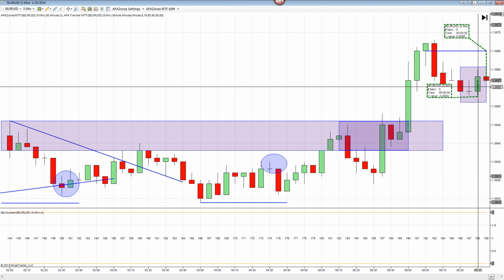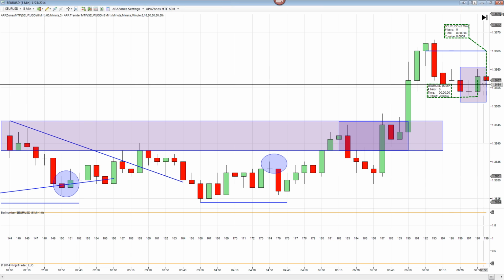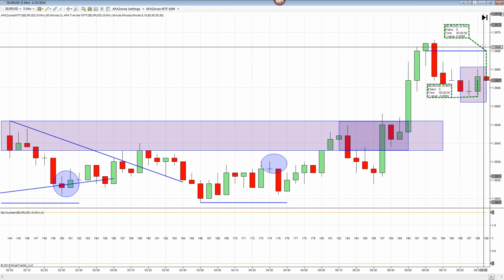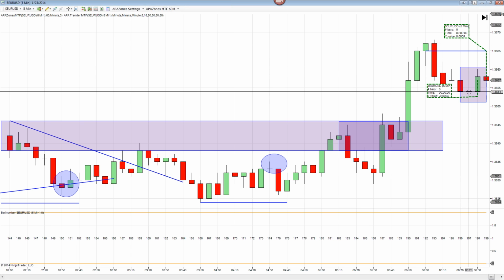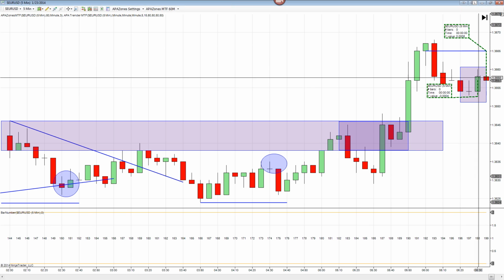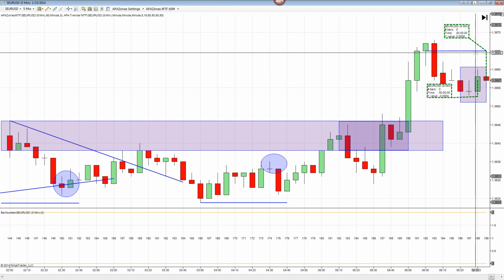So you got about a 2-to-1 ratio. I don't know if it'll work out or not, but this would be looking at maybe stops being run on this doji and then pushing it back up into the highs again.